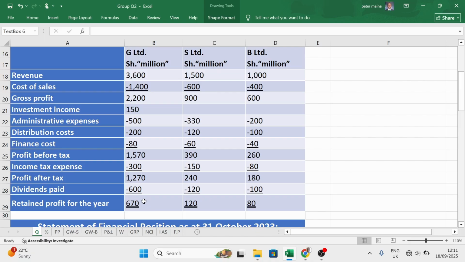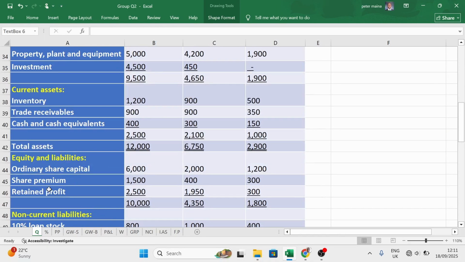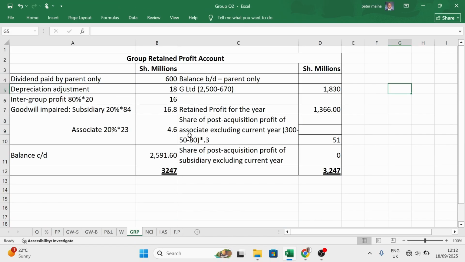So this 670 is already included in this figure of 2,500. So if you take 2,500, you deduct 670, you're going to be left with profit as at the beginning of the year. So that is what is happening here. Take the retained profit at the end of the year, deduct retained profit for the current year, you'll be left with the balance brought down of the parent, the retained profit as at the beginning of the current year.